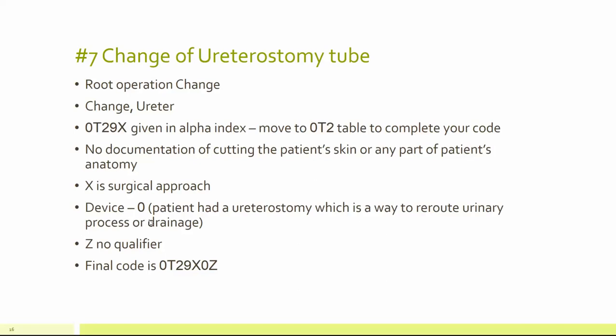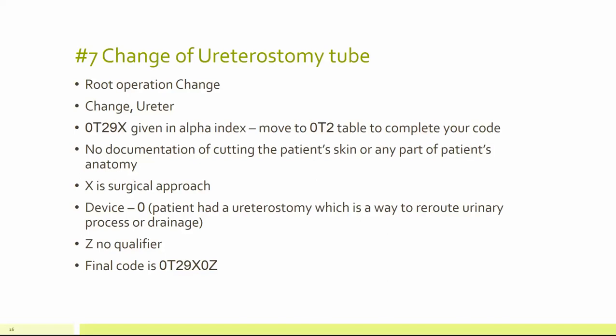Device character value is going to be a positive thing because this is a ureterostomy tube. What's the intention of a ureterostomy? To reroute urine. We talked about that in the lecture. The most common reason a patient would have a ureterostomy tube is typically you'll see them in children who have had a congenital defect or perhaps a major abdominal surgery.